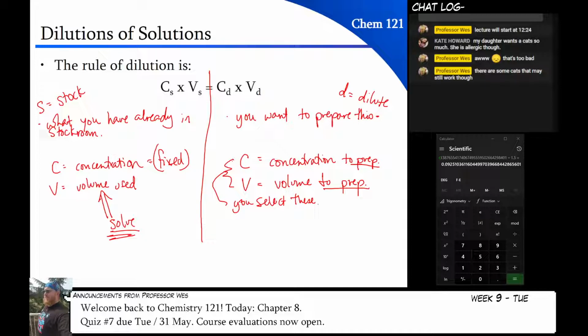If we are doing a solution preparation procedure, you're going to solve for the volume used. The volume that's used is going to tell you how much you're going to put into a flask, and then the concentration and volume of the dilute solution will tell you what to do from there. So let's look at some example problems, and we'll see this in action.